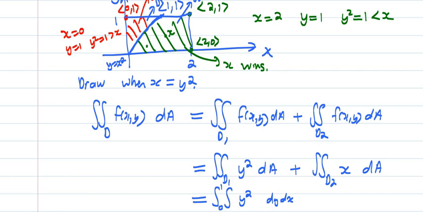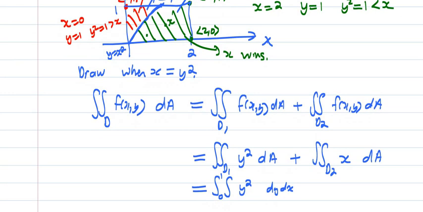So if it starts on the blue line, then you can see y starts at x squared. And where does y end?